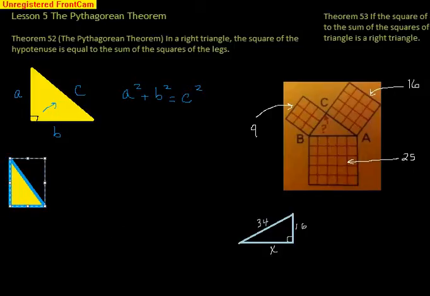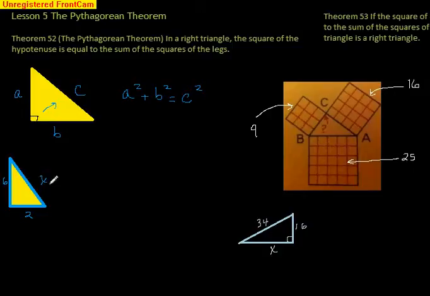All right, let's fill in numbers for it. Let's just pick some random numbers here, trying to make this easy. Let's make this one 2, this one 6, and this one x.